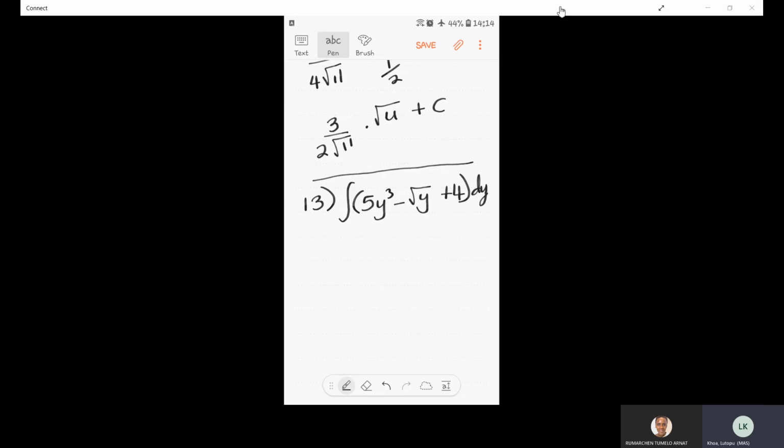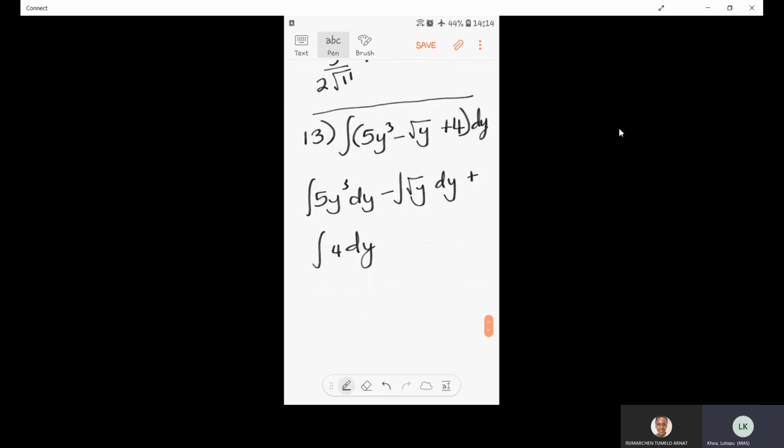So doing that, what we get is the integral of 5y cubed dy minus the integral of the square root of y dy plus the integral of 4 dy.